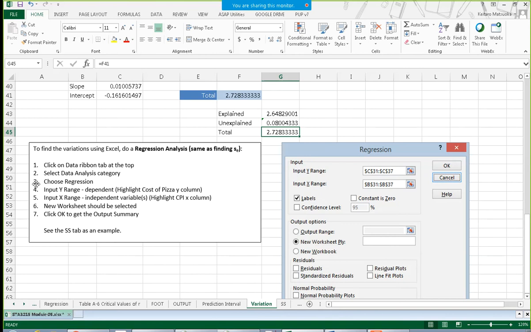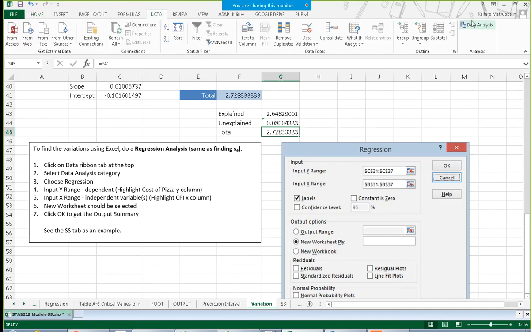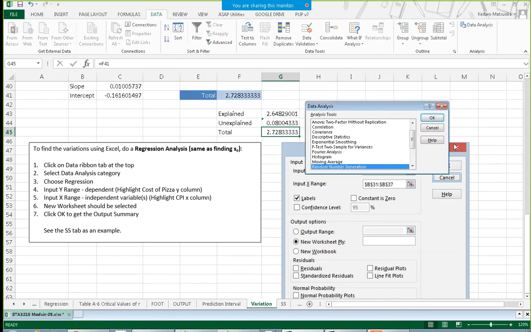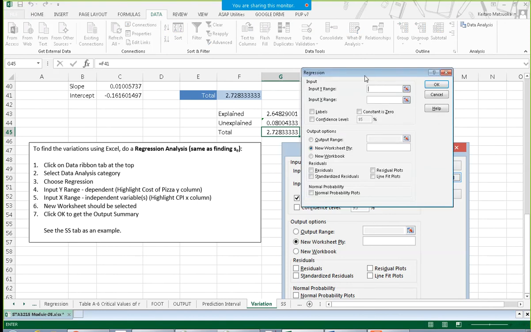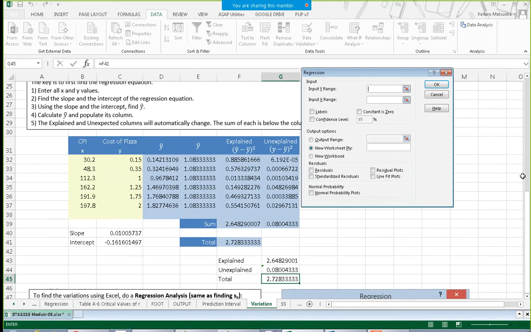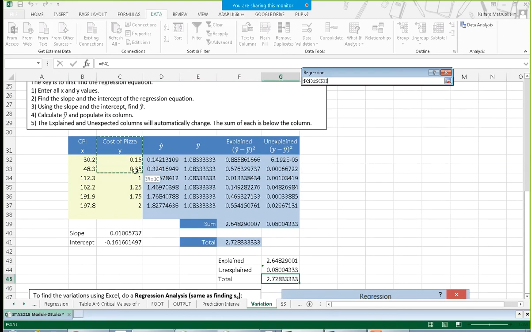Okay, so here are the steps. Go to the Data tab, find this button, click on it, and make a selection: regression. Input Y range, here you go.